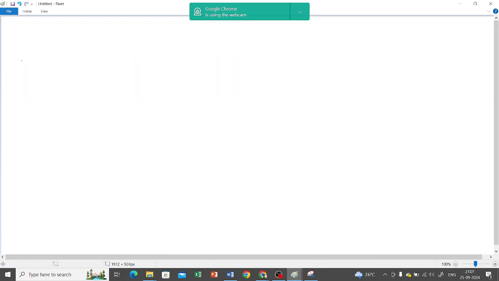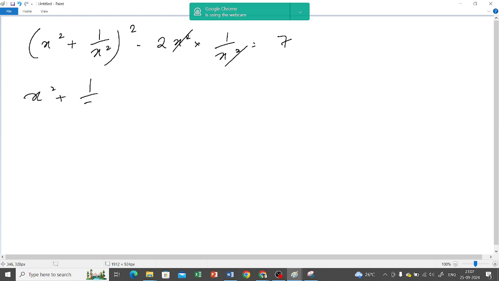So a square plus b square is (a plus b) whole square, sorry, minus 2ab equals 7. So 9, plus minus 3, right? Again this cannot be negative. This is always positive. Fine.